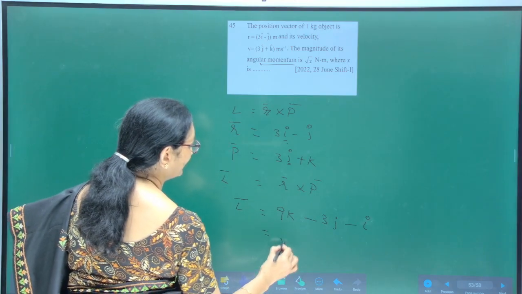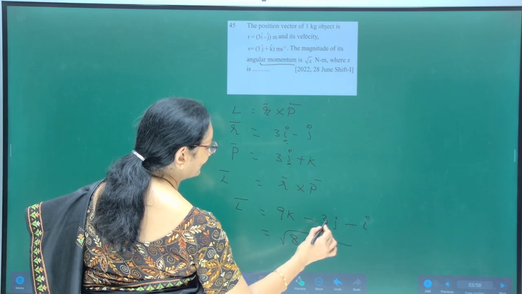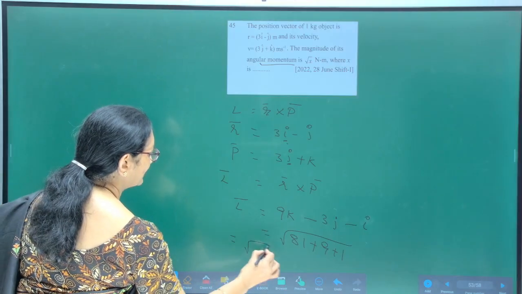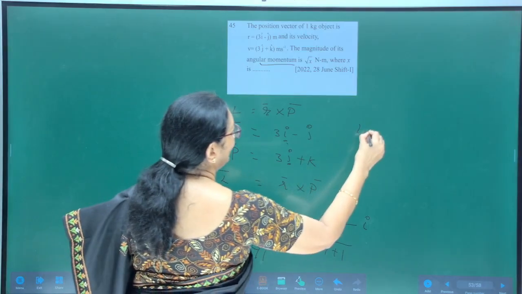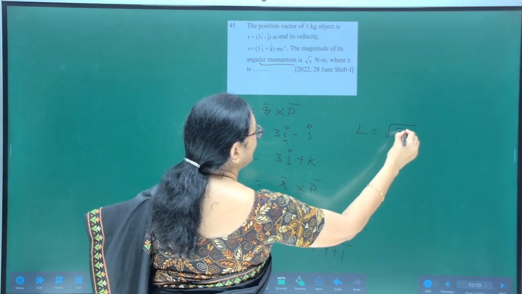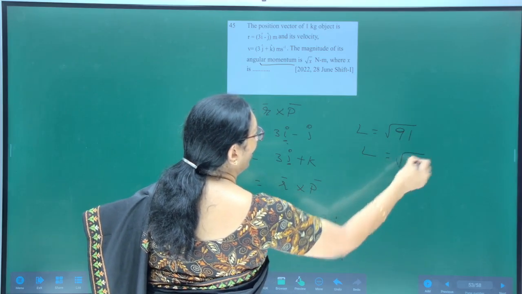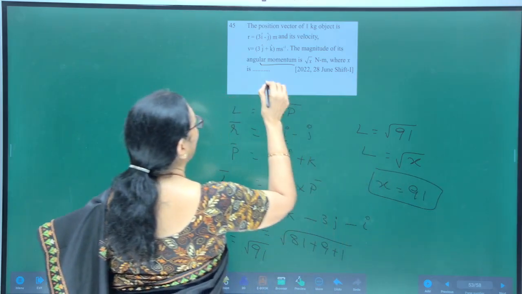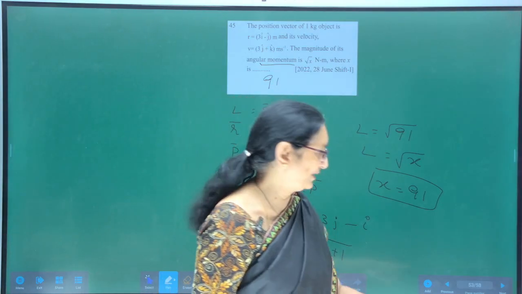So, its magnitude becomes square root of 81 plus 3 3s are 9 plus 1. So, it is square root of 91. So, we got L magnitude as root 91, but they gave it as root x. On comparison, x is equal to 91. x is equal to 91, that is the numerical value.